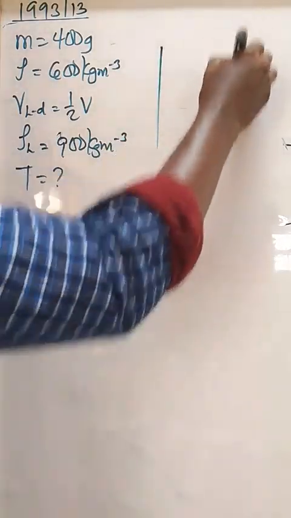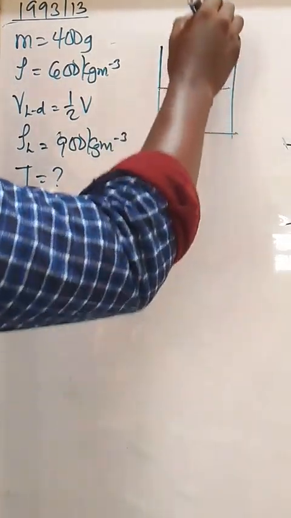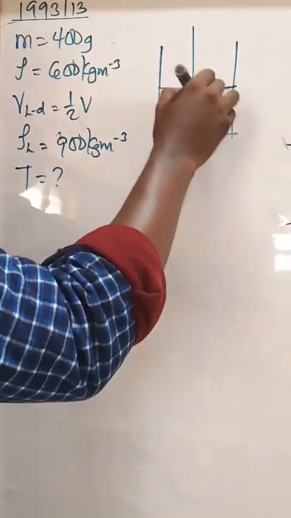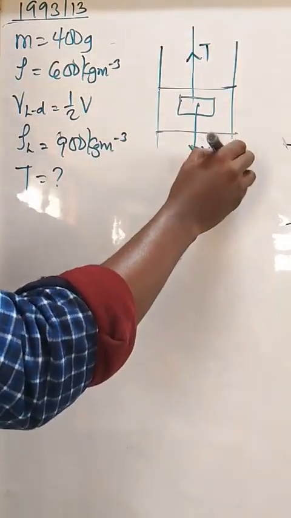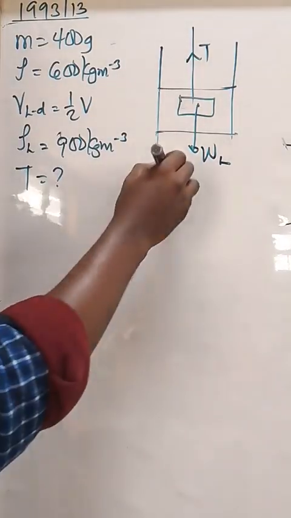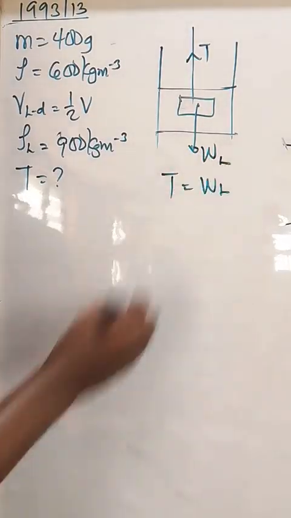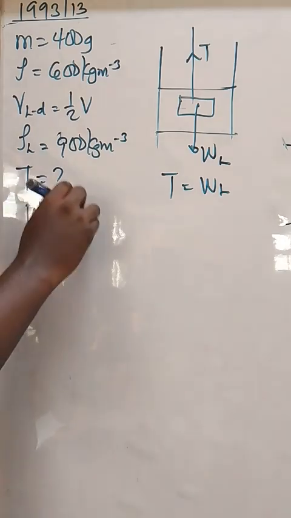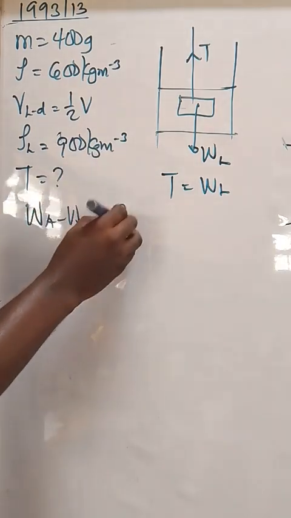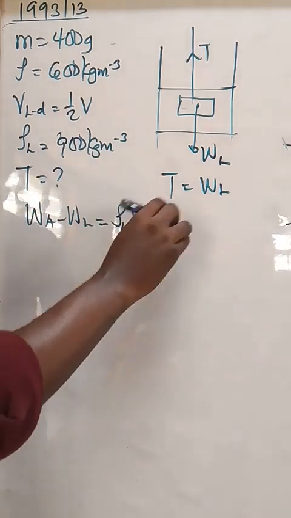A body is immersed in paraffin. The weight of the body acts down, and here we have tension. This is the weight in the liquid. Similar to the first one we saw, we are looking for the weight in liquid, the apparent weight. Archimedes principle: weight in air minus weight in liquid equals density of the liquid times volume of liquid displaced times g.